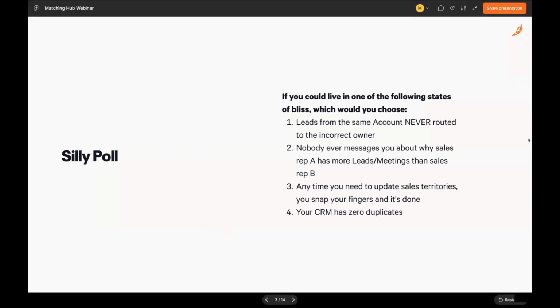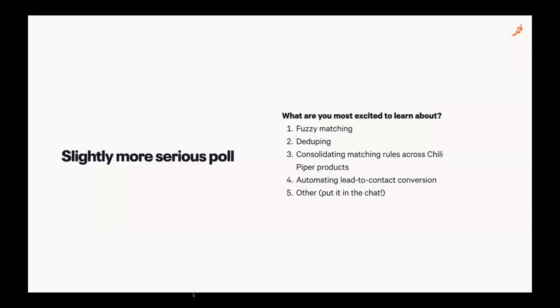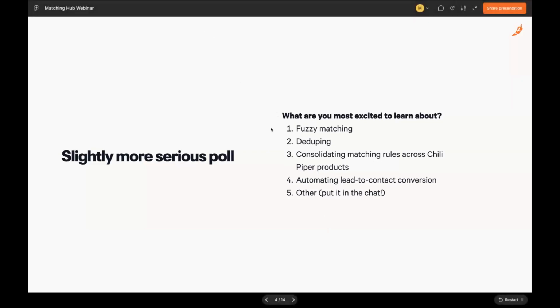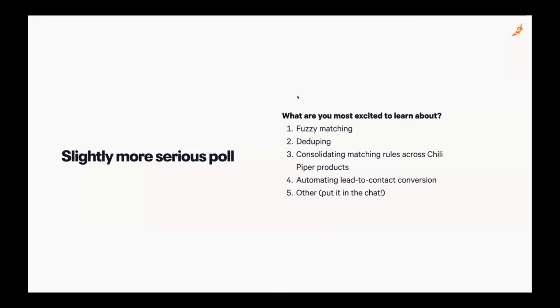Okay, the next poll is, what are you most excited to learn about today? Let me go ahead and kick that poll off. Why can't I launch this poll? Oh my gosh, I can't launch this poll. I can't launch this poll for some reason. Oh, I know why, because I didn't end the first poll. Okay, just kidding, false alarm. We can launch the poll. So what are we excited to learn about? Do we want to learn about fuzzy matching, deduping, consolidating matching across all of our products, or the automated lead to contact conversion?